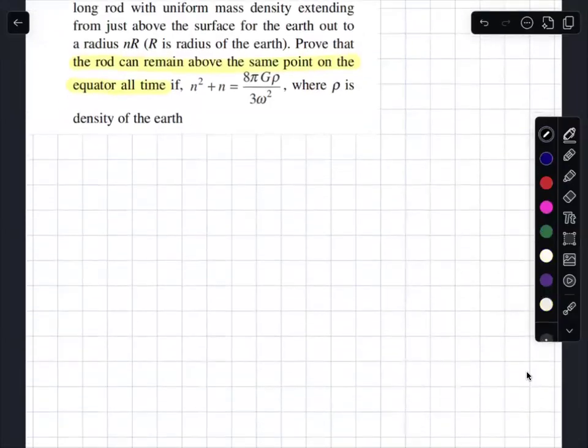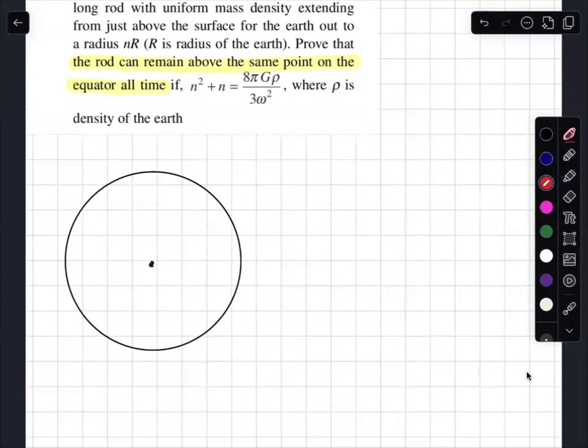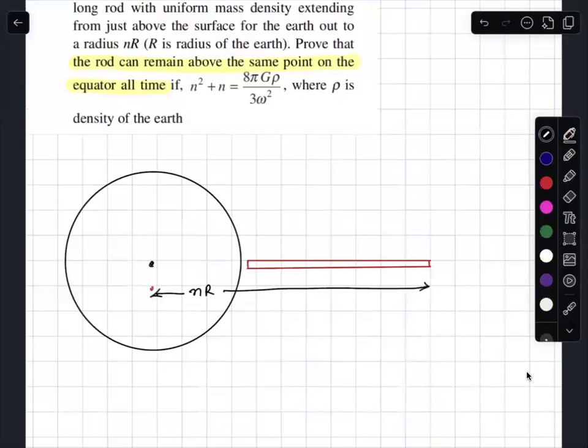Let me draw the diagram properly. This is the rod, actually. In fact, this end is at a distance of n R from the center.